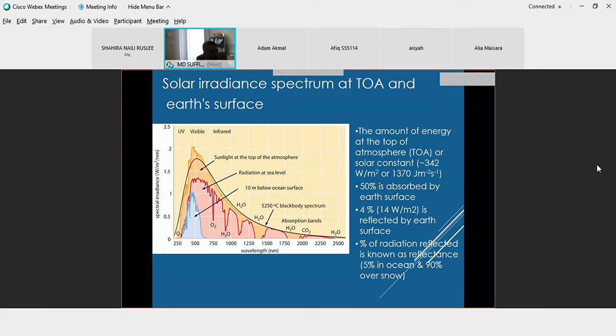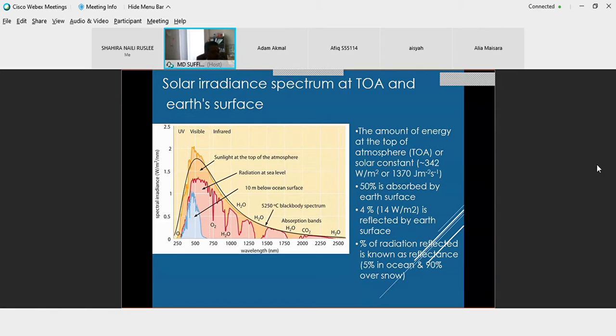Dia constant, dia biasanya lebih kurang 342 watts per meter square, ataupun 1370 joule per meter square per second. So because our Earth is covered by atmosphere, kita ada H2O, kita ada carbon dioxide, oxygen and so on.